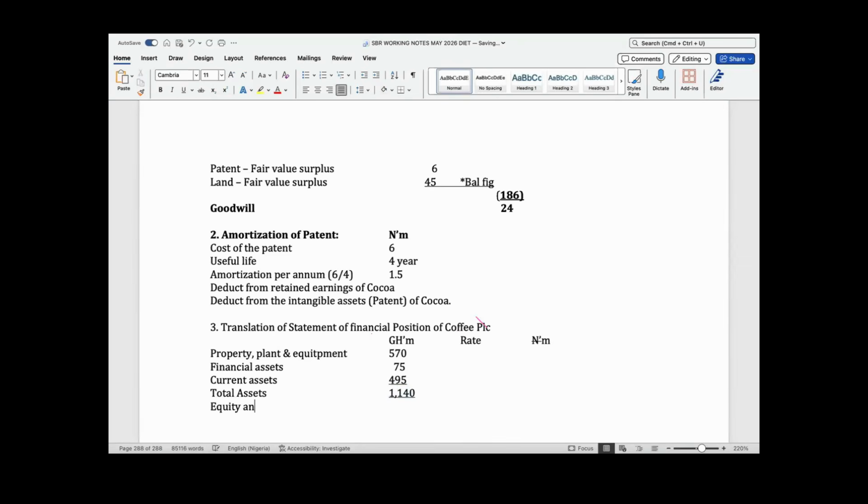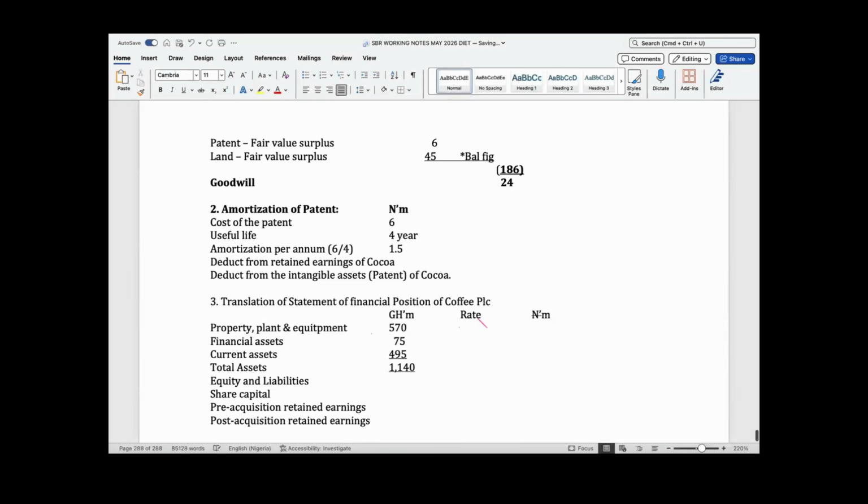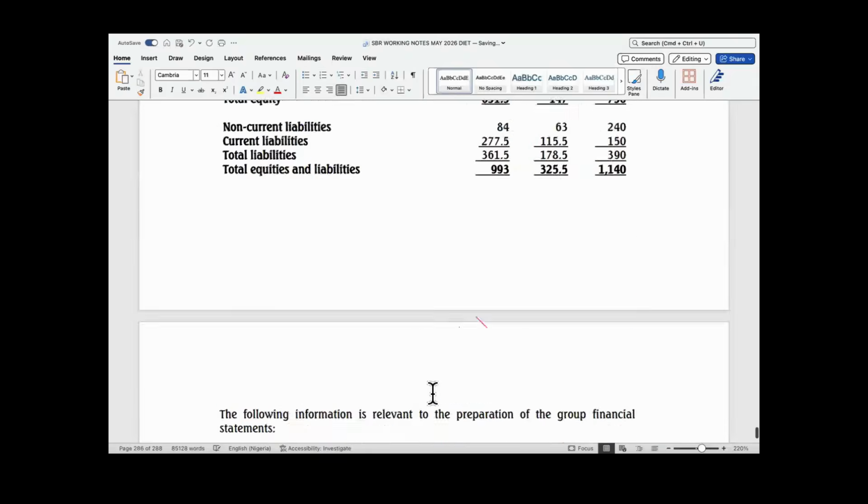Then the equity and liabilities. I have share capital. I have pre-acquisition retained earnings. Then this one will be the balancing figure, post-acquisition retained earnings. So they don't need to tell you.